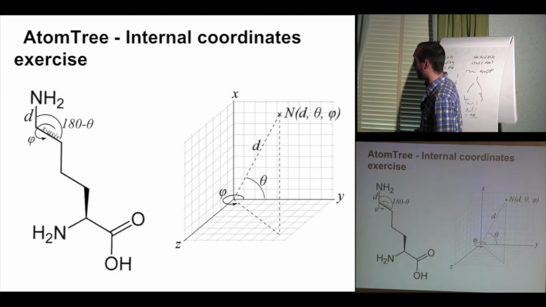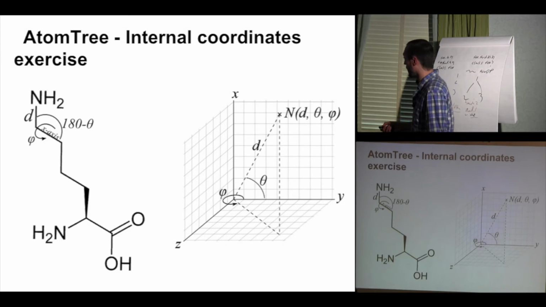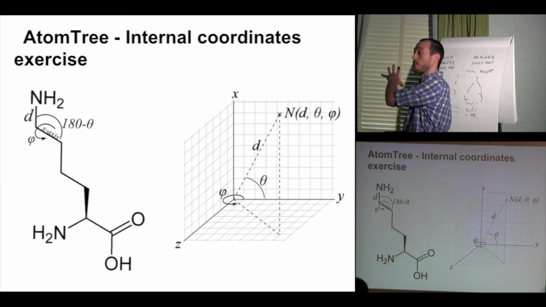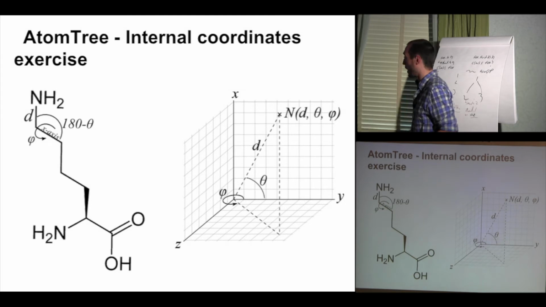Okay, so here are some figures that I made for internal coordinates. This is how you would go from your parent stub and some spherical coordinates to your position, and thus the origin of your own stub.